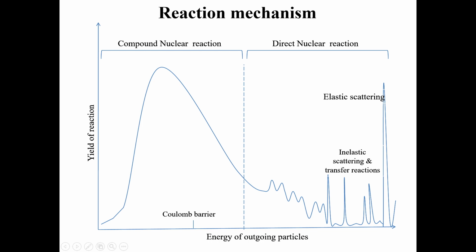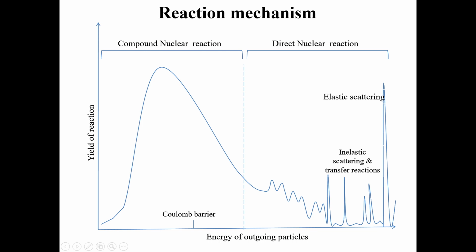if we go towards the high energy of the outgoing particle, you can see that we enter into the direct nuclear reaction region, and the yield of reaction values are in discrete form. Again, you can visualize here that for inelastic scattering and transfer reactions, you can see discrete values, but these discrete values are not too big, they are smaller.